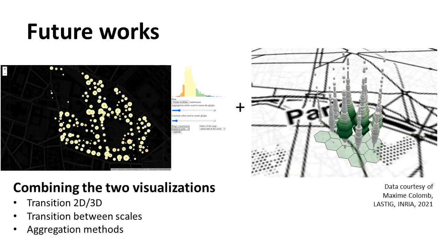So in order to enhance the combined use of these two visualizations for the analysis of COVID-19 cases datasets, our first main work concerns the combination of these two visualizations, which implies that we have to work on the visual transition between the 2D and the 3D visualizations, but also on the transition between the different spatial and temporal scales we represent.